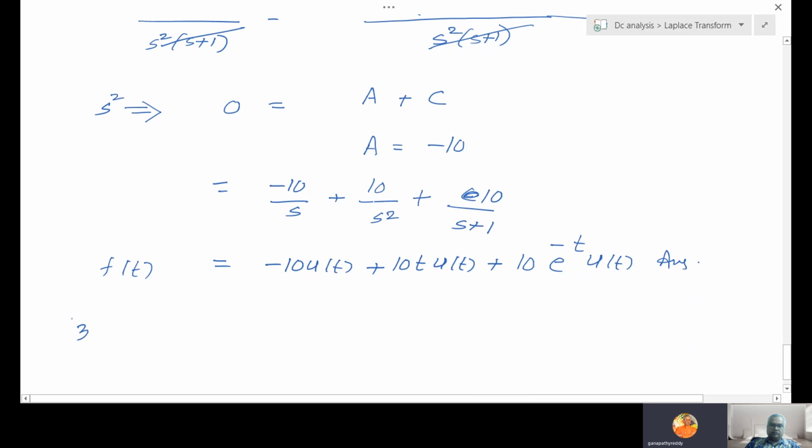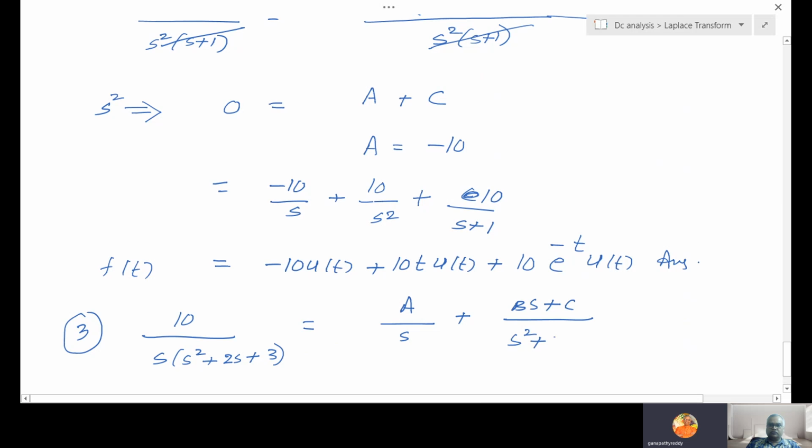So this is a third example. Some 10 by s into (s square plus 2s plus 3). So here you have to expand like a by s plus (bs plus c) by (s square plus 2s plus 3).